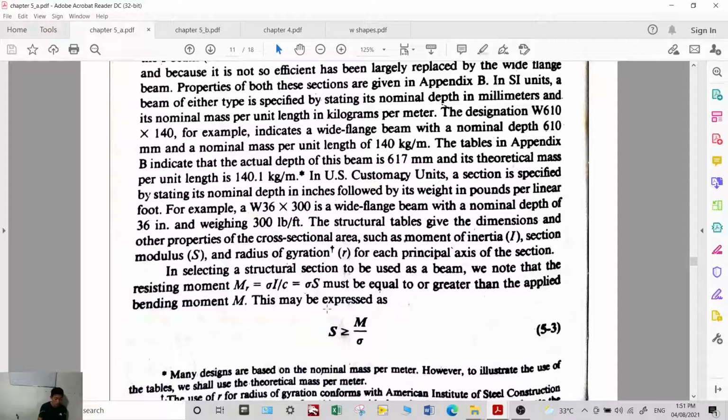So this may be expressed as section modulus is greater than or equal to M over sigma. So unsa ang importance aning equation? Mao ni ang equation kaganina.